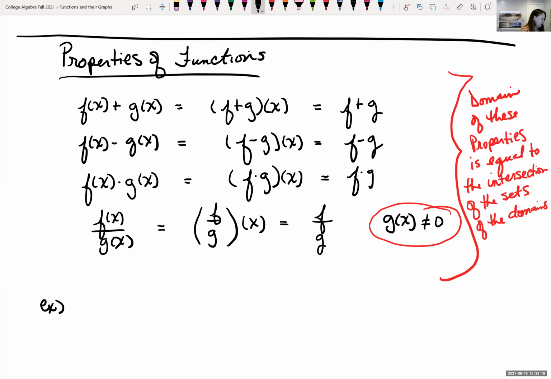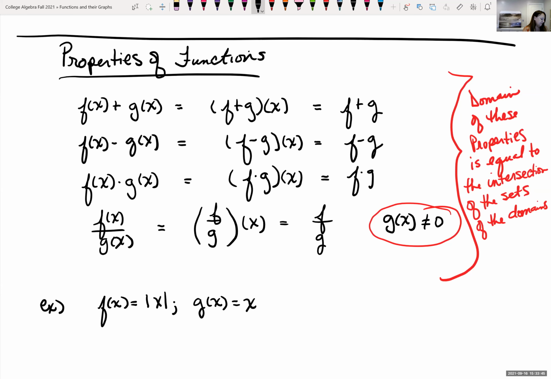So let's look at something. Let's pull out an example. Let's say that we are given that f of x is equal to the absolute value of x, and g of x is equal to just x.